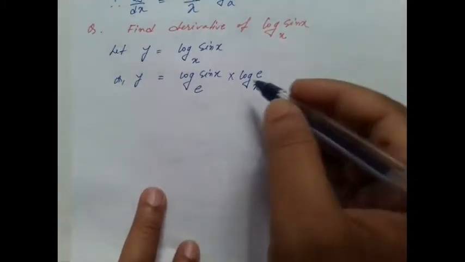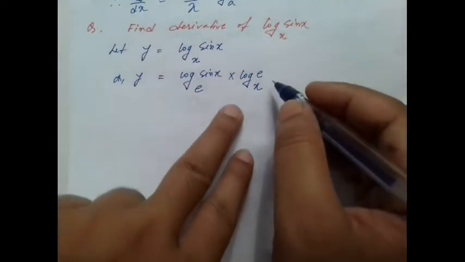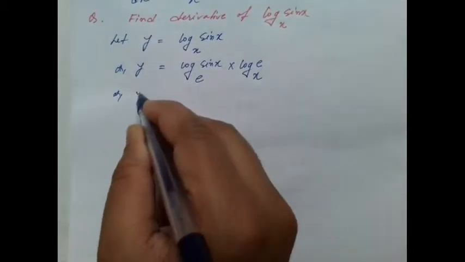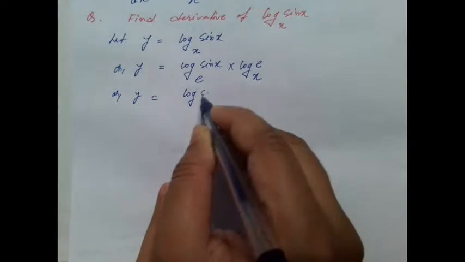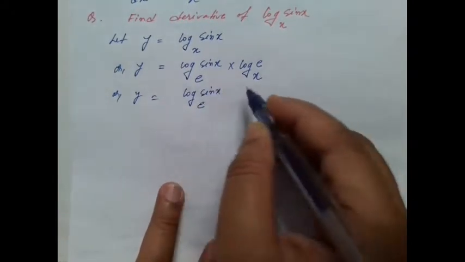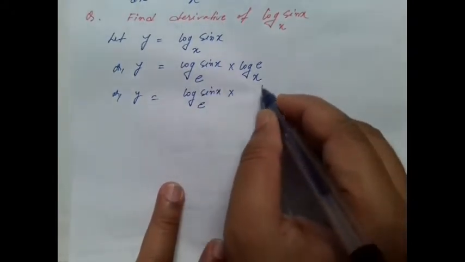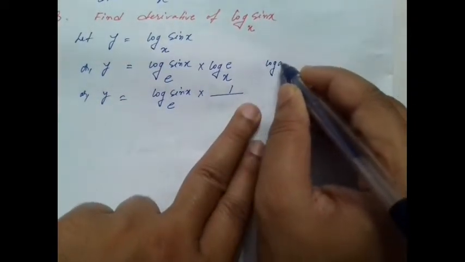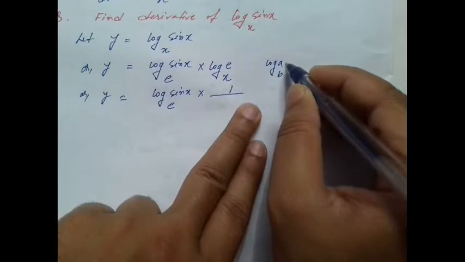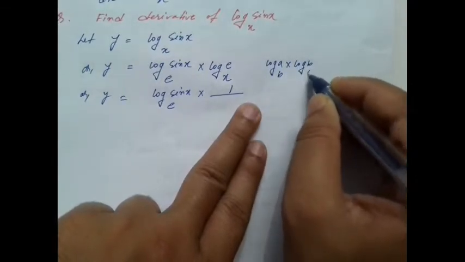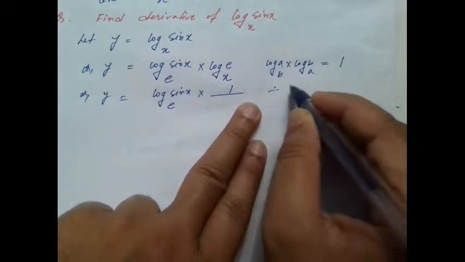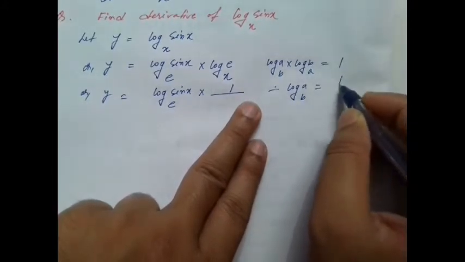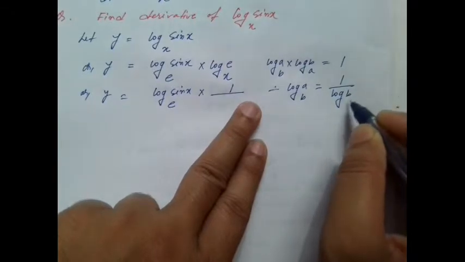Okay, as we have done in the previous problem, but here we have to do one more step. y equals log sin x to the base e into 1 by, as we know that log a to the base b into log b to the base a equals 1, therefore log a to the base b equals 1 by log b to the base a.